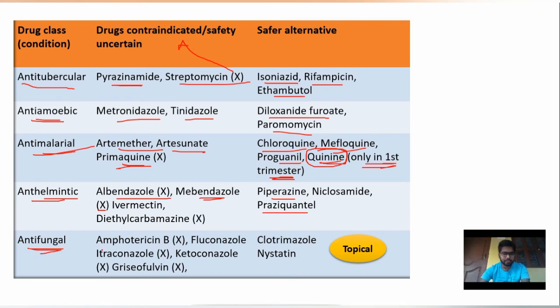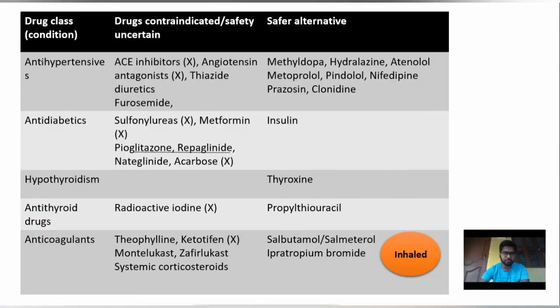In case of antifungals, amphotericin B, itraconazole, ketoconazole, griseofulvin, all these are contraindicated, and clotrimazole and nystatin, only by topical route, are your safer alternatives.